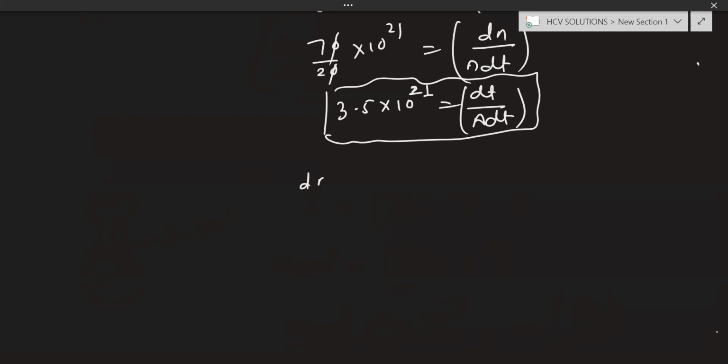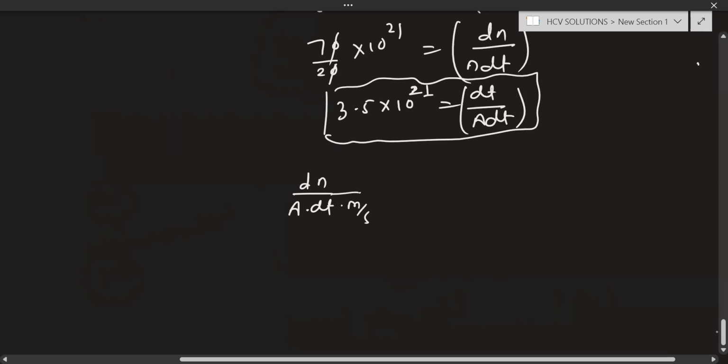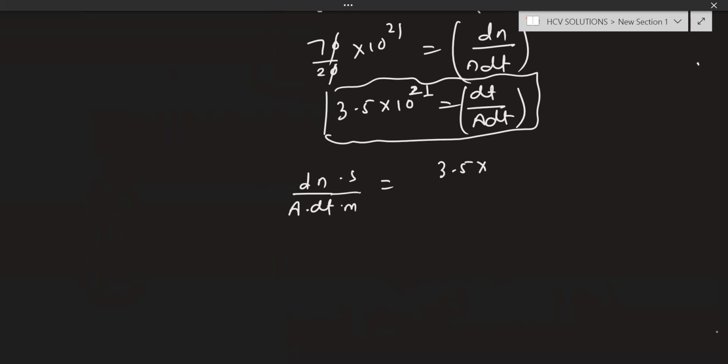So that is dN/(dA dt). If you divide by the speed of light, whose unit is meter per second, the seconds cancel and you have meter. Here you find 3.5 times 10 to the power 21 divided by 3 times 10 to the power 8, the speed of light.